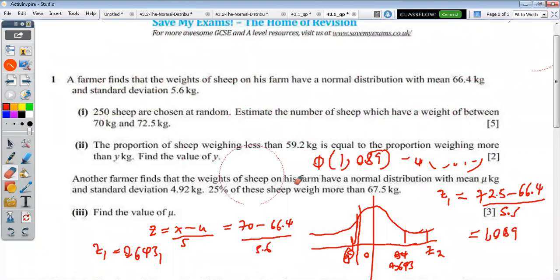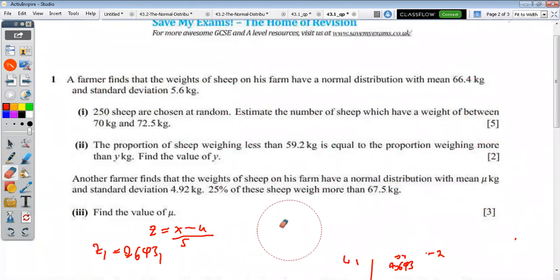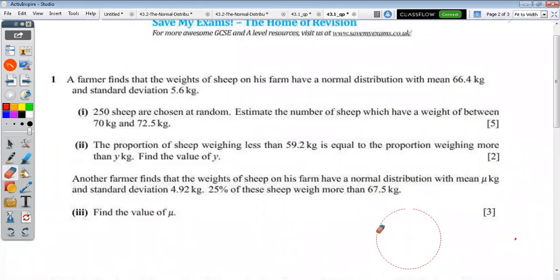Now, let's go to the next part. The proportion of sheep weighing less than 59.2 is equal to the proportion of sheep weighing more than Y. Proportion, fractions, percentages.